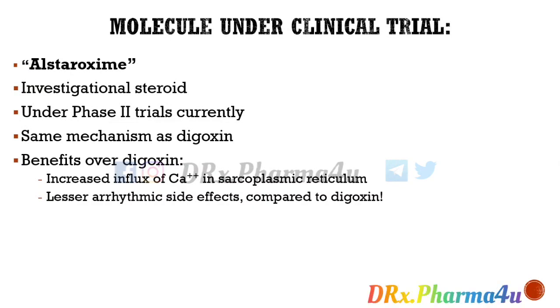But the benefit of alstaroxime over digoxin is that it increases the influx of calcium in the sarcoplasmic reticulum, which is very good because it increases the contraction property, and it has lesser arrhythmic side effects compared to digoxin. Digoxin actually has arrhythmia related side effects. In alstaroxime, from the reports we have received till now, the arrhythmia and cardiac conduction side effects are comparatively found to be low.